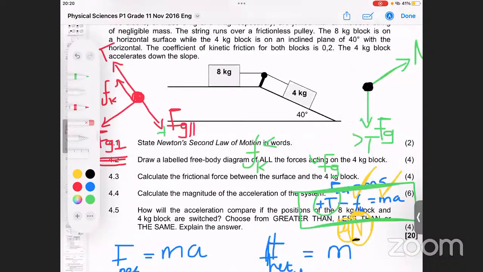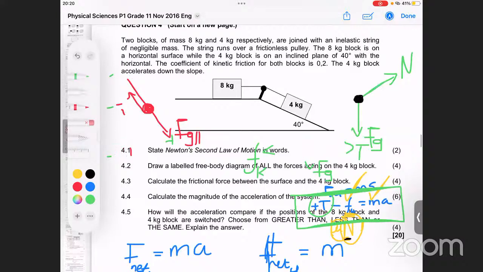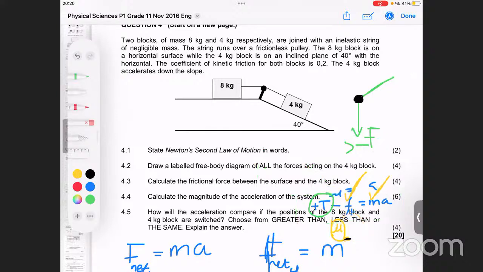Sir, wouldn't you say that the force of gravity would increase since the mass is increased from 4 kilograms to 8 kilograms, making the acceleration increase? So the gravitational force will increase. How will it increase?